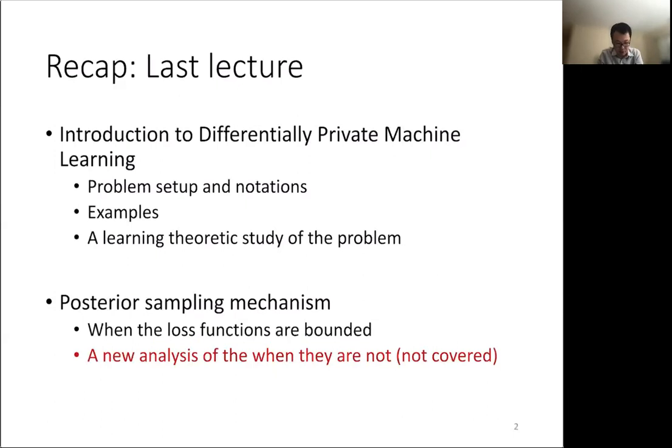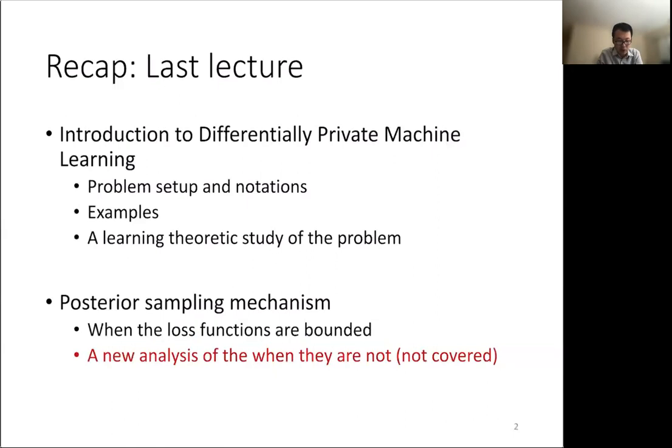Then we talked about the posterior sampling mechanism and gave some insight on how the posterior sampling mechanism, or the exponential mechanism, is related to the Bayesian philosophy. In some sense, when the loss functions or the negative log likelihood functions are bounded, we get differential privacy without actually changing the standard pipeline of sampling from a posterior in the Bayesian design of the model.